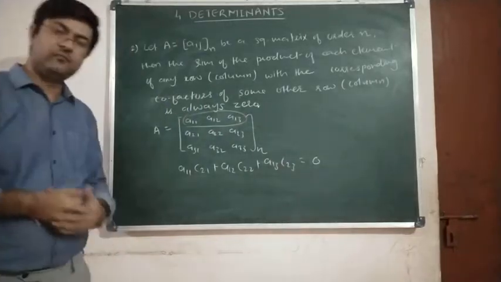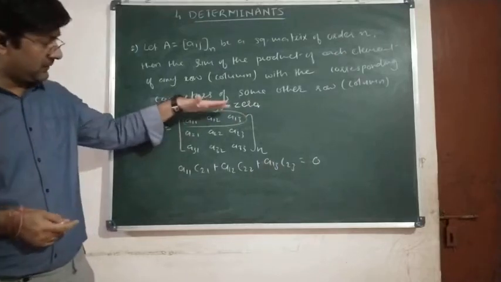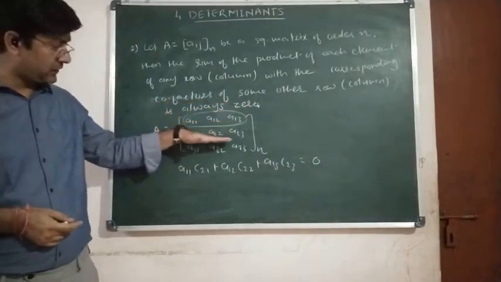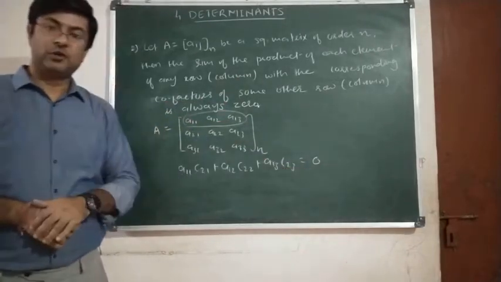Clear? So whether you multiply elements of the first row with the cofactors of the second row or third row and add them, the answer will always be 0.